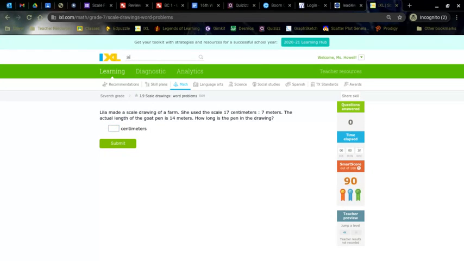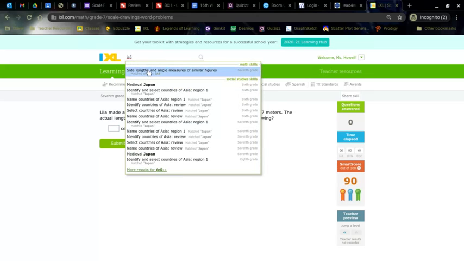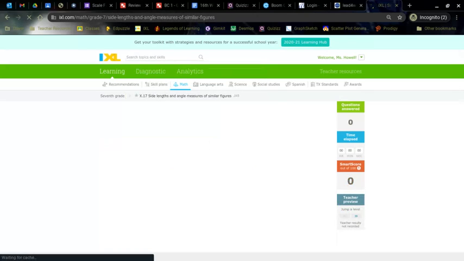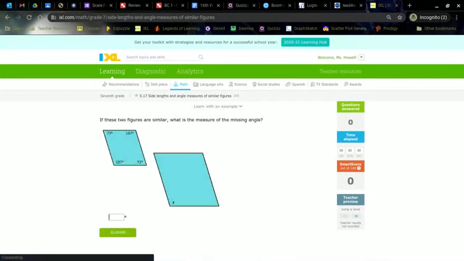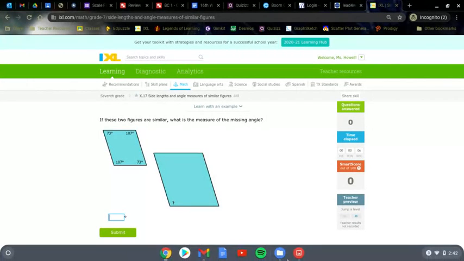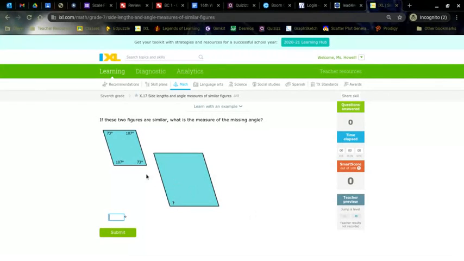And then JA5, side lengths and angle measures of similar figures. So this would be what we did today and yesterday. If these two figures are similar, what is the measure of the missing angle? If they're similar, that means angles are the same. So that angle is going to be 107.